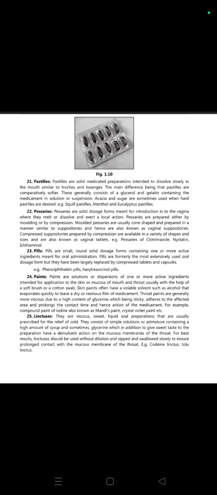Pastilles are solid medicated preparations intended to dissolve slowly in the mouth, similar to troches and lozenges. Then pessaries. Pessaries are solid dosage forms meant for introduction into the vagina, where they melt or dissolve and exert a local action. Then pills. Pills are small round solid dosage forms containing one or more active ingredients meant for oral administration.